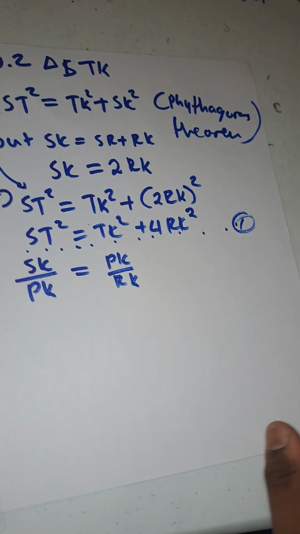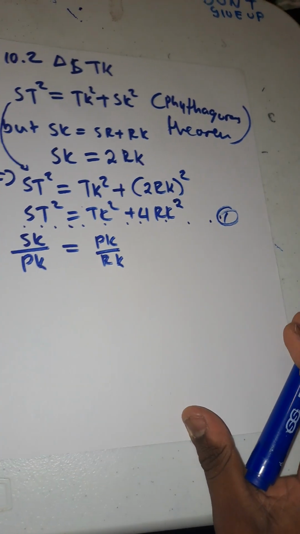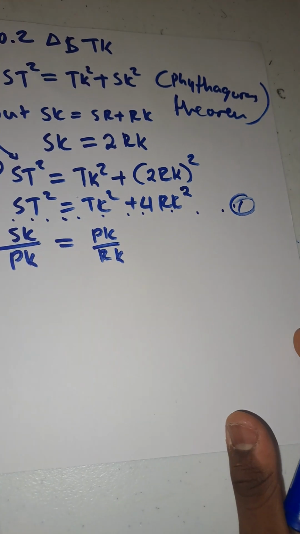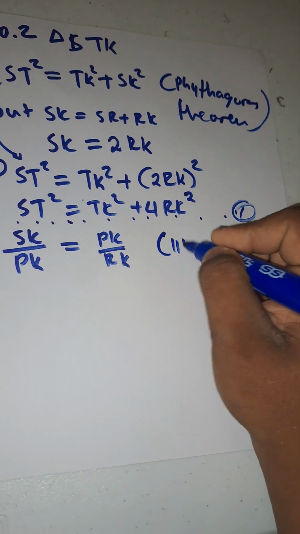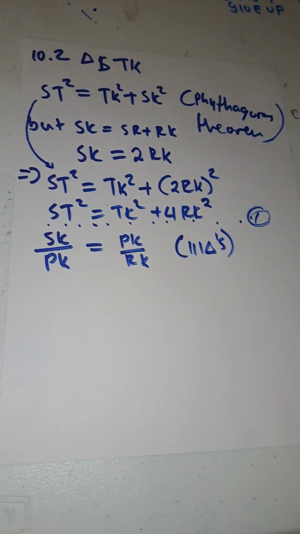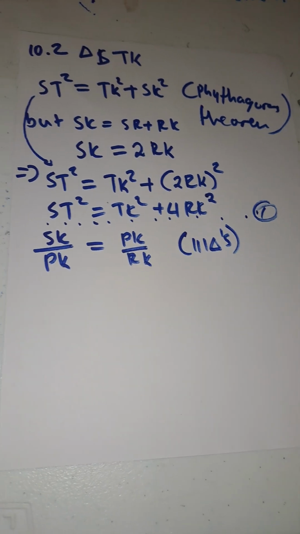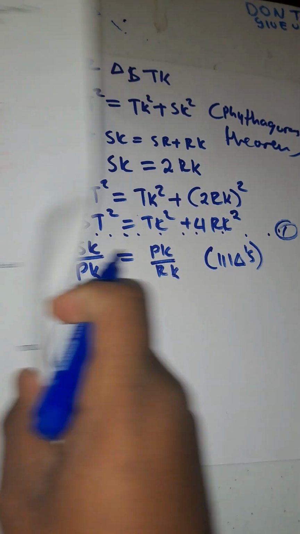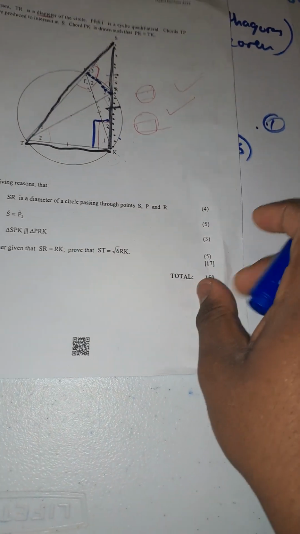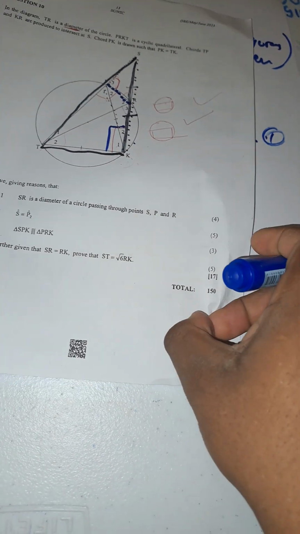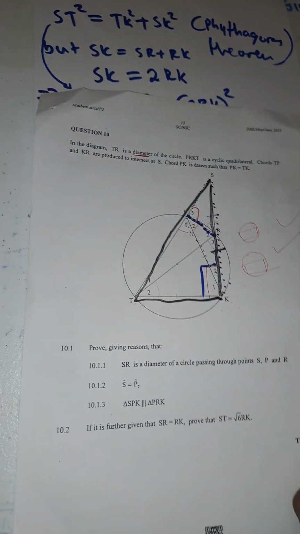It is the same as PK over RK. Just that my triangle is messed up now because I can't use it now. So similar triangles there. So now basically I'm breaking down this thing here. I hope you know the method I'm doing now. You see, you are simply seeing what I was doing there.